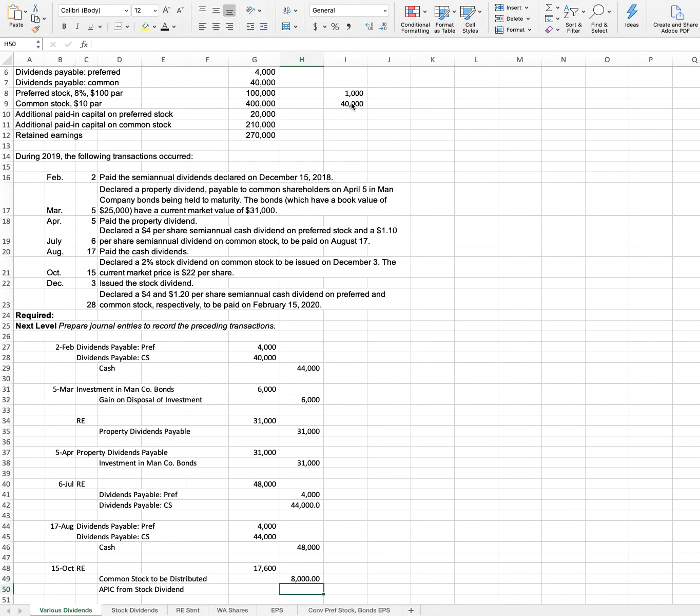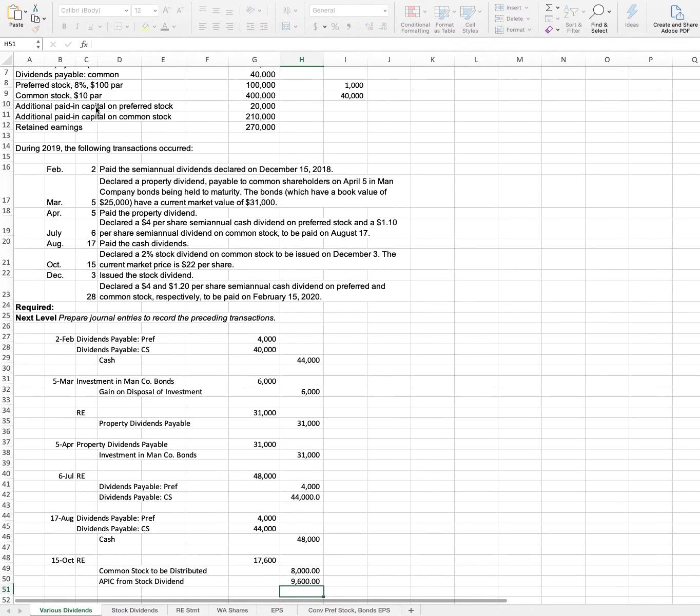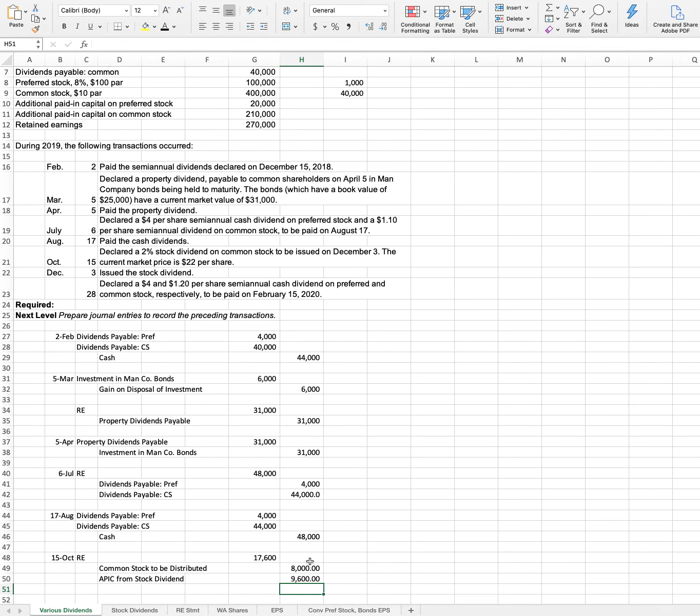And the APIC would be the difference, or it would be our 40,000 times the 2% times 22 minus the 10 because of the market price being 22 and the par being 10. And we get 9,600, and of course if we added these together we'll get that same 17,600.